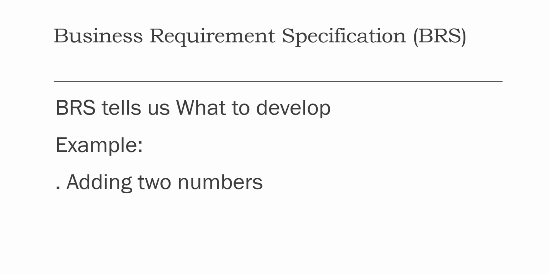So it is also known as the stakeholder requirement specification, and it describes the characteristics of the upcoming project or proposal. It is basically the project initiation document we develop at the start of the software development lifecycle.